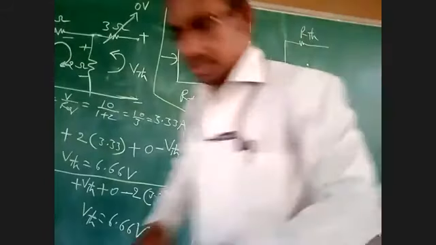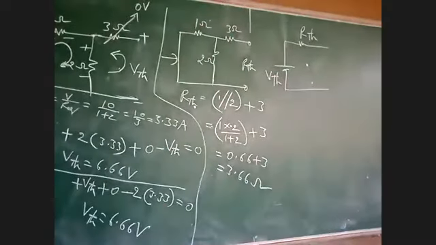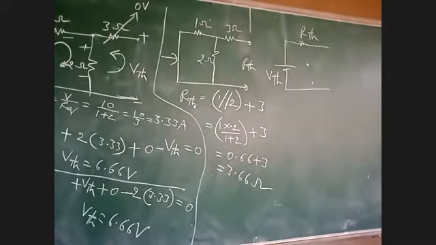This is the equivalent circuit. I have converted the entire circuit into a single voltage source and single resistance. I have already told you in source transformation, the resistance will always be in series with the voltage source, in series with VTH.